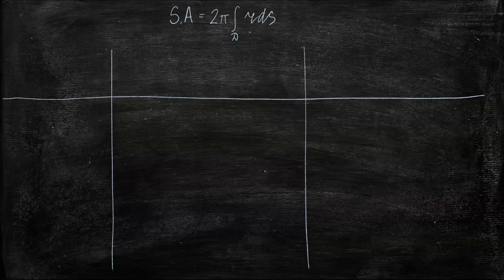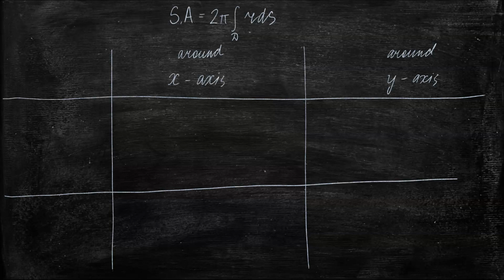We're going to be looking at, first of all, what's important is whether you rotate around the x-axis or around the y-axis. And the other thing that's important is whether your function is given to you as a function of x or a function of y.